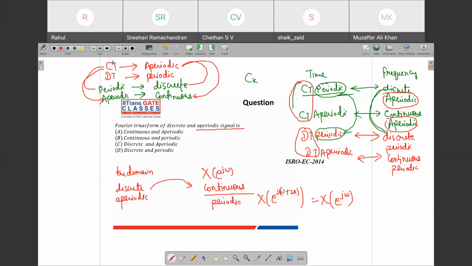So continuous or discrete time is related to periodicity, and periodicity is related to discrete and continuous. Does anyone have any doubt here? Let me go to the next slide then.